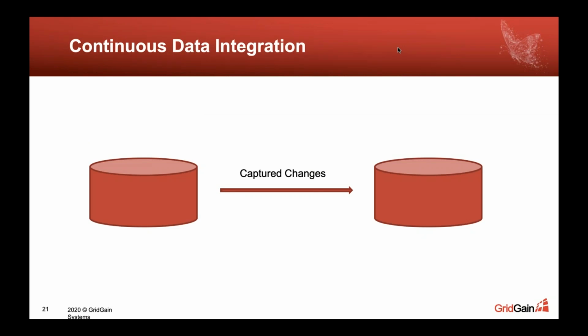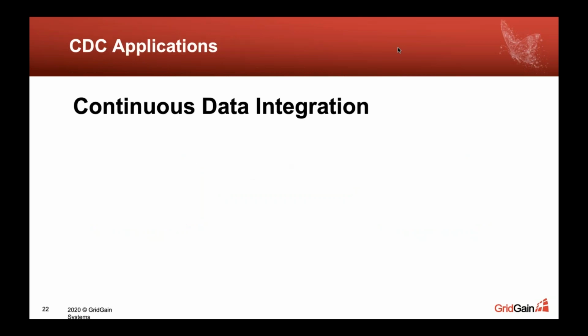And the reason why it's easy is the changes always flow one way. So you don't need to worry about possible conflicts, as we will see in another CDC case in the future.